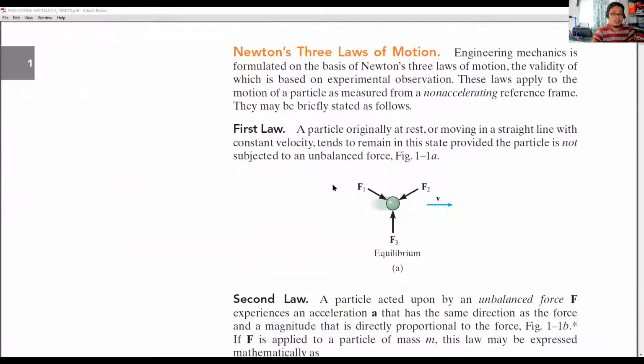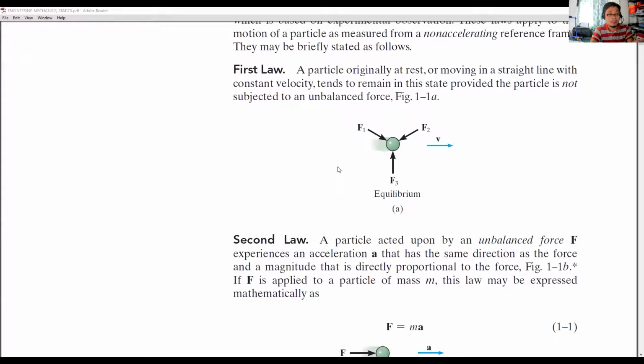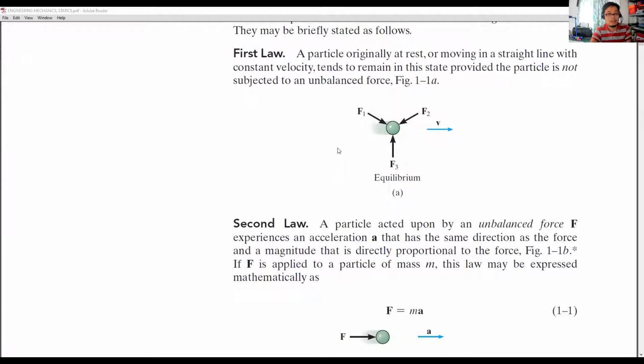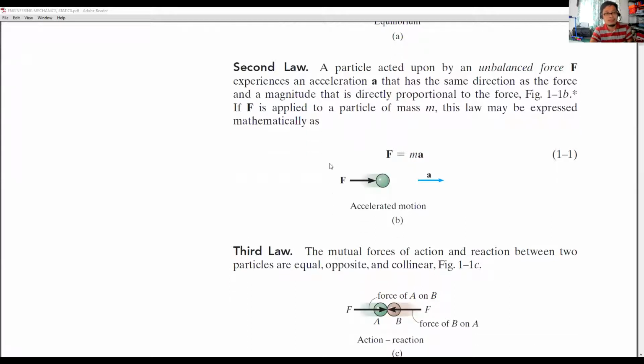So we have three laws of motion which you are already familiar with during your physics. The first law: the body at rest will remain at rest if there is no unbalanced force. So if there is no acceleration, the body will remain at rest. The second law: if there is an additional force and an acceleration, the body will continue to move unless stopped by a certain force.